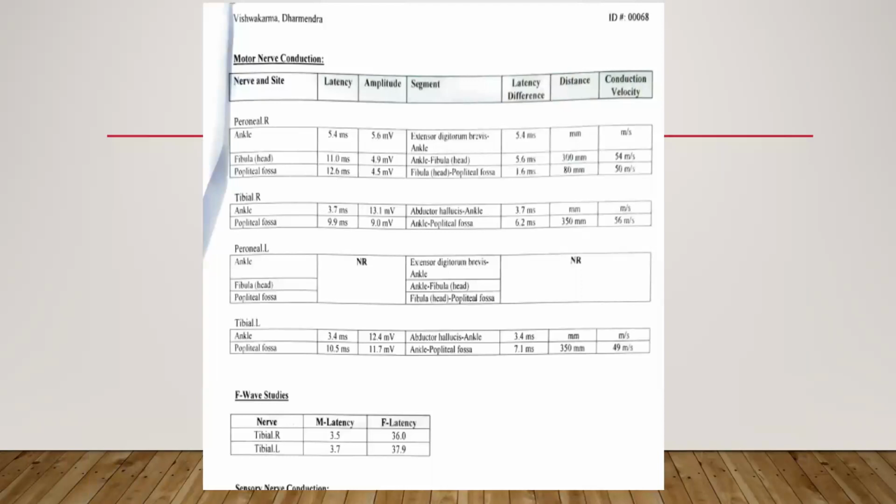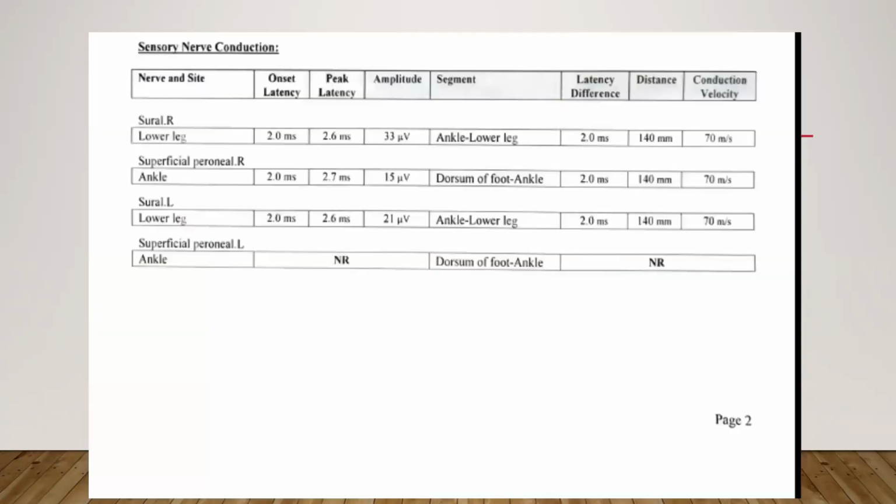So it is an axonopathy, sensory motor axonopathy of left common peroneal nerve. Yes. Correct. So, but the localization of the lesion, that left common peroneal neuropathy which has happened, the localization will be given by EMG. Yes, ma'am. Correct.